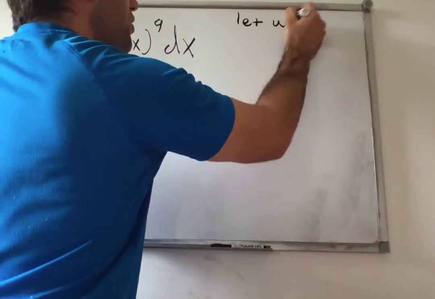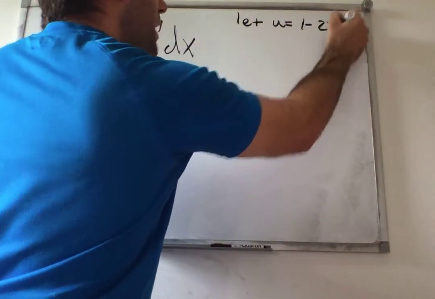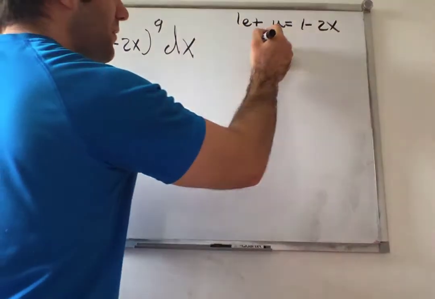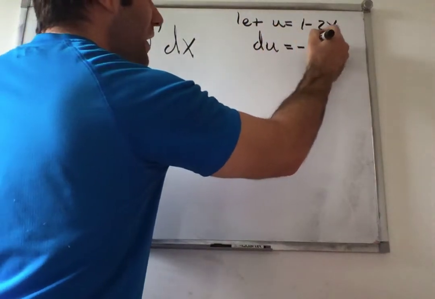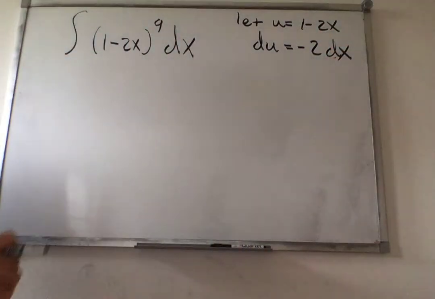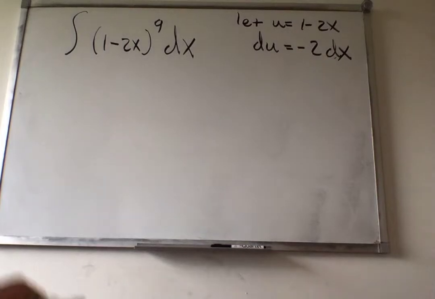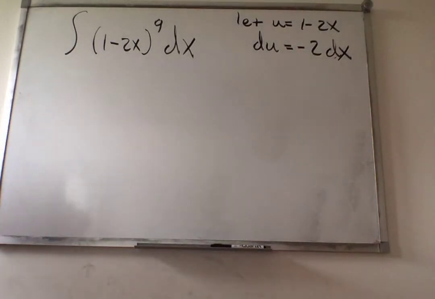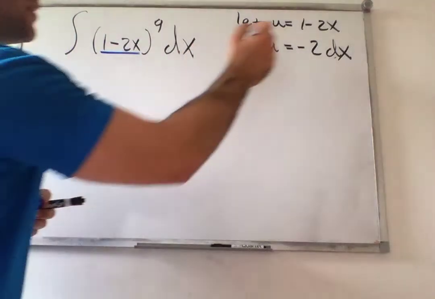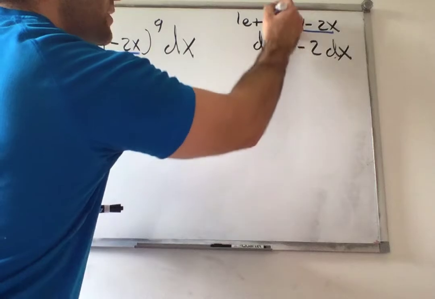So we're going to let u equal 1 minus 2x. And then I'm just going to take the derivative of this. du is equal to negative 2 dx. Now I'm going to make these substitutions. Instead of writing 1 minus 2x, 1 minus 2x is equal to u.